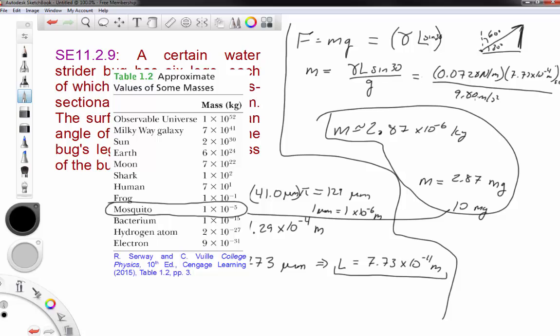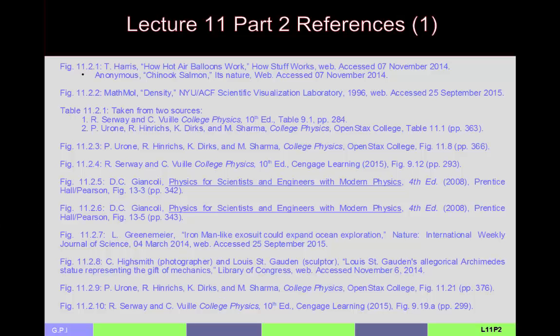So the order of magnitude estimate from this book and the rough estimate we got from this calculation show that this is in fact a fairly reasonable estimate for the mass of this water skiing bug. Granted, though, a mosquito is usually a bit smaller than one of these water strider bugs, so take it with a grain of salt.